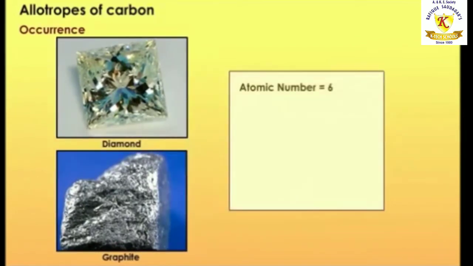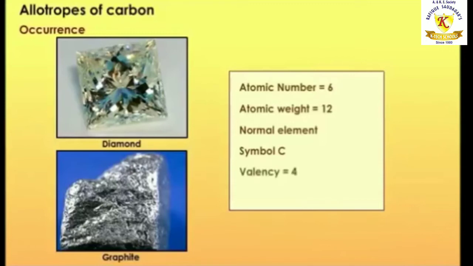Atomic number of carbon is 6. Atomic weight 12. Symbol of carbon is C. Valency is 4 and electronic configuration 2, 4.